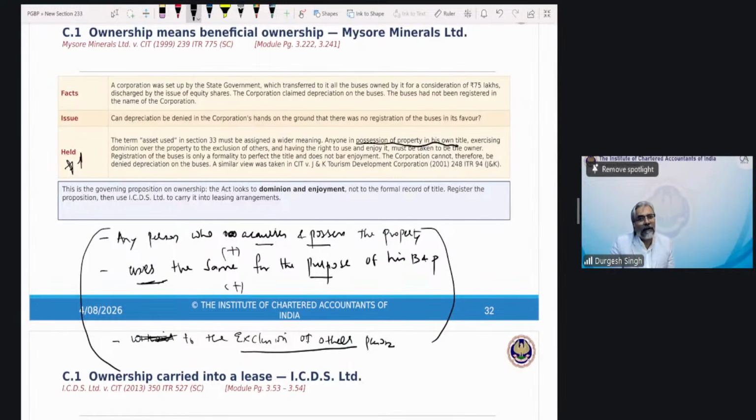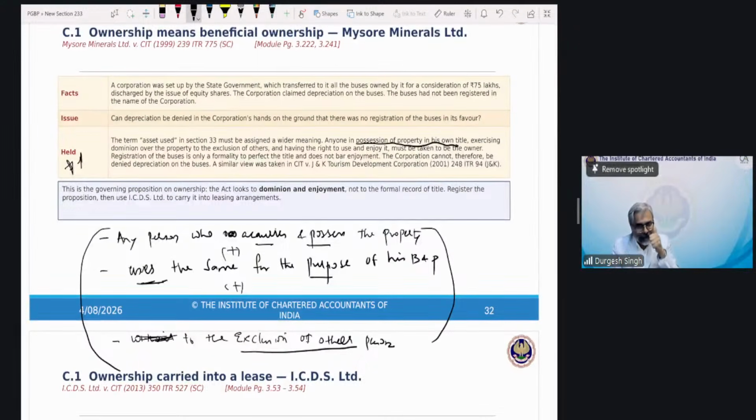What do you mean by to the exclusion of other persons? Other persons do not have any control or any right over that particular property. If other persons do not have any control or right over that property, we can say that the assessee is the owner of the property.